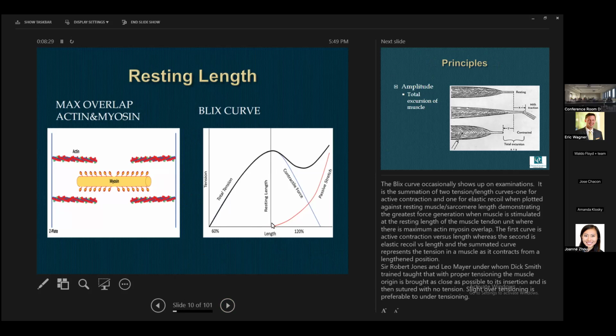And as we progressively stretch the muscle, the contractile force goes down until load to failure. Sometimes you'll see an examination and they'll put a blank, like, what's that? And you'll say resting length's the right answer.